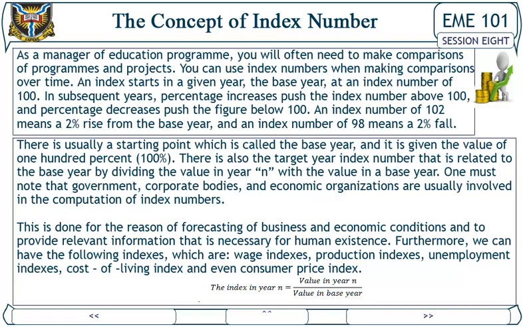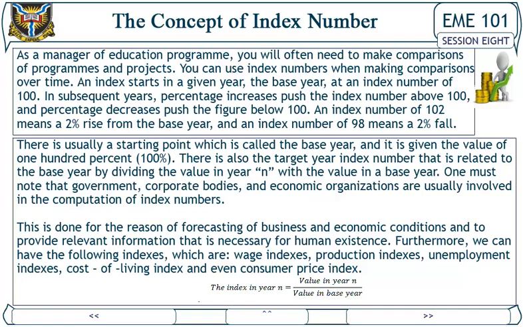One must note that government, corporate bodies, and economic organizations are usually involved in the computation of index numbers. This is done for the purpose of forecasting business and economic conditions, and to provide relevant information that is necessary for human existence.